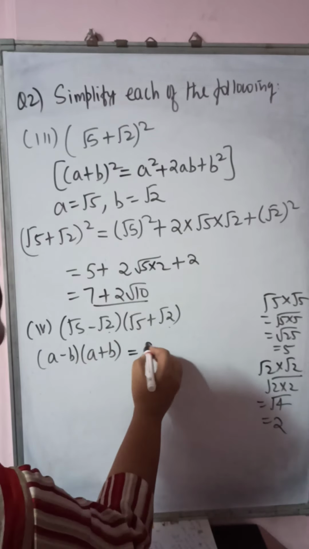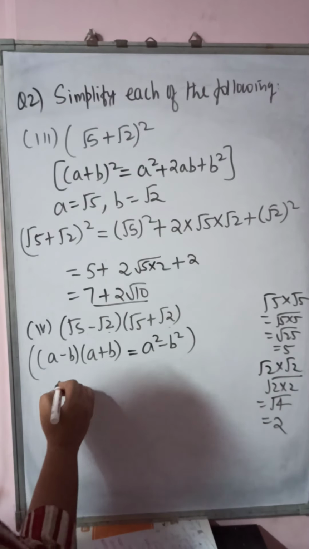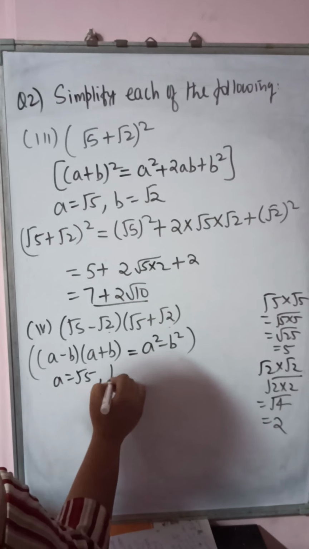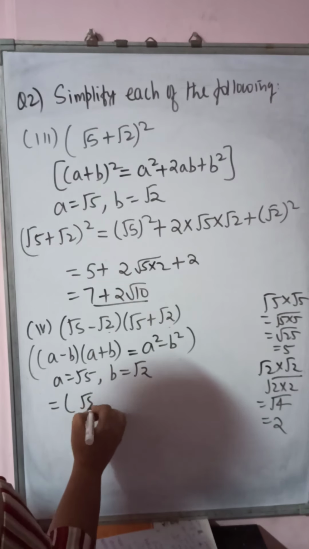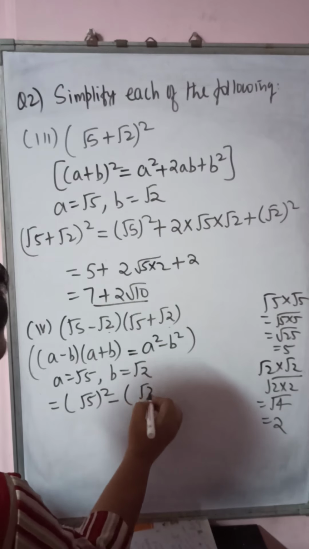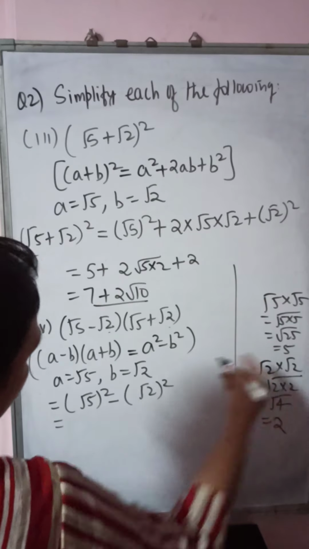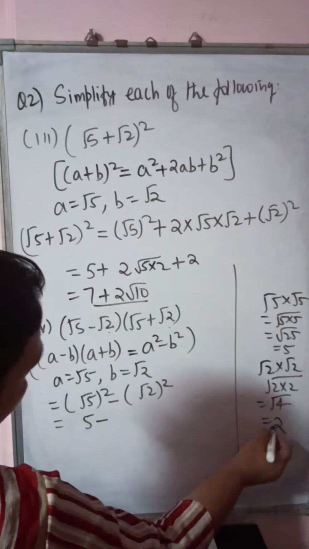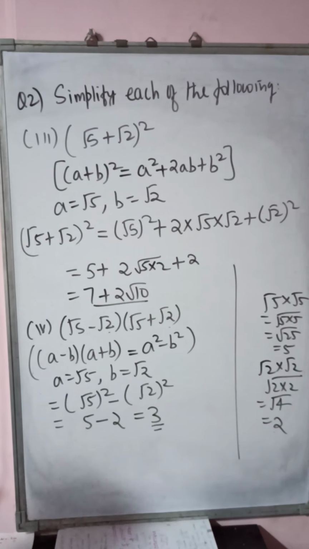So (a minus b)(a plus b) is a square minus b square. Now a is root 5 and b is root 2. So a square means root 5 square minus root 2 square. Just now we have solved these: root 5 square is 5 and root 2 square is 2. So 5 minus 2, 3 is the answer of question number 2.